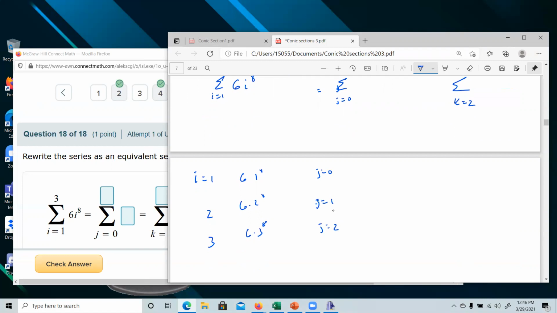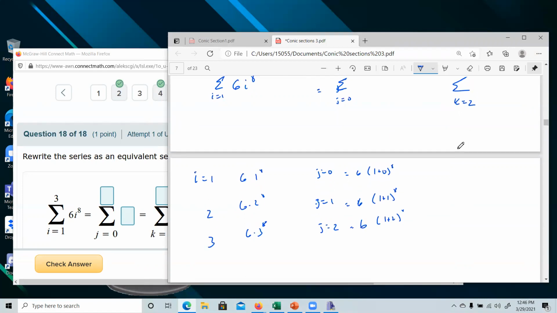We pretty much want to match these terms. So how about we do, I want j is equal to 0, so 1 plus 0 to the 8th, 1 plus 1 to the 8th, 1 plus 2 to the 8th, and I think they'll get the same thing.